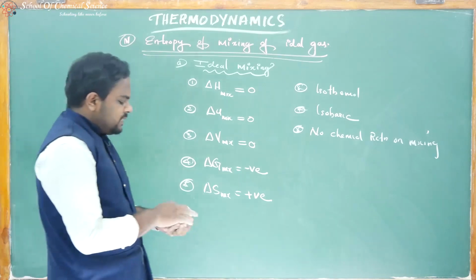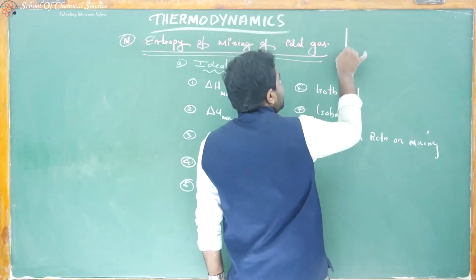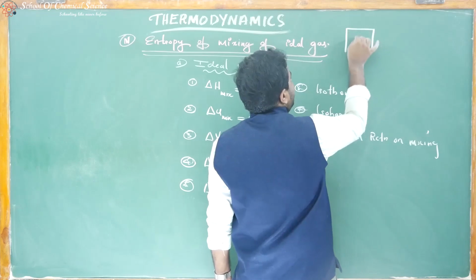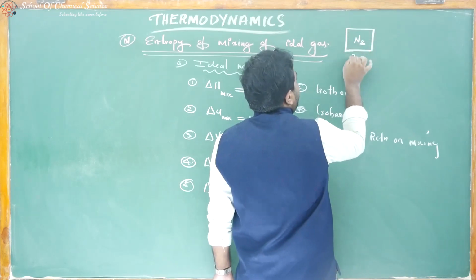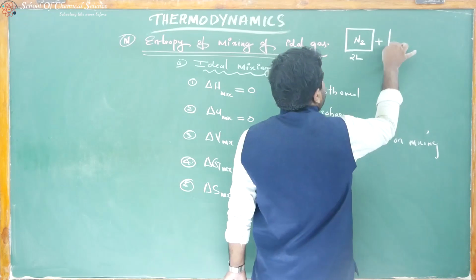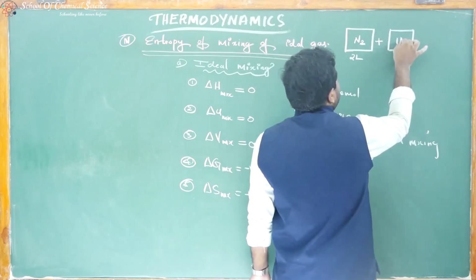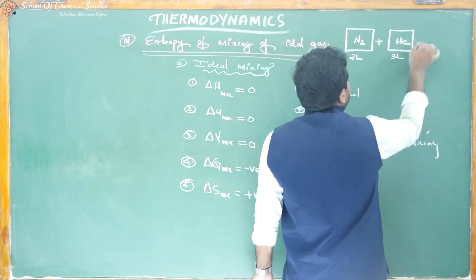For example, this is nitrogen gas having volume 2 liter, plus this is helium gas having volume 3 liter.